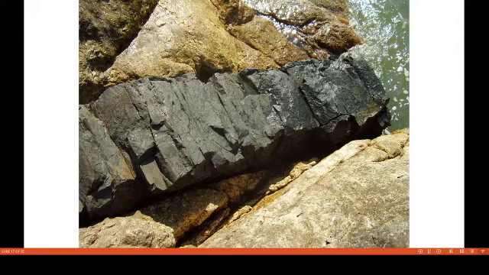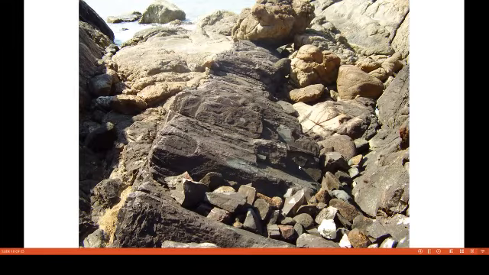Here is gneiss, here is gneiss, and in between, through a crack, magma has come and solidified. So this dark colored rock is a dike. This is the same. Here you have intrusion of dike into gneiss.